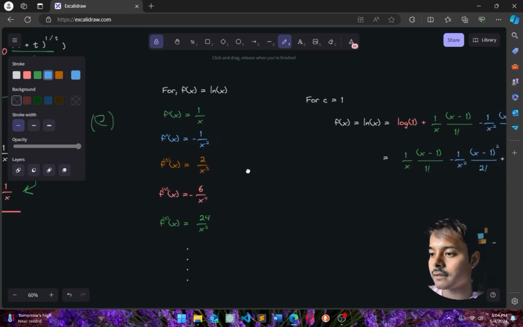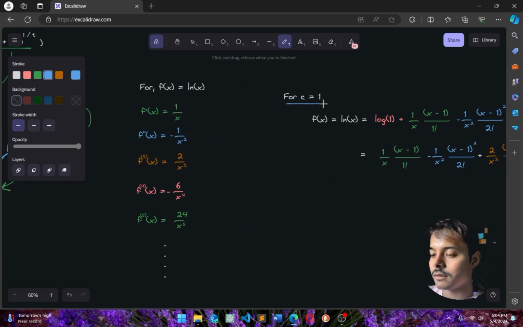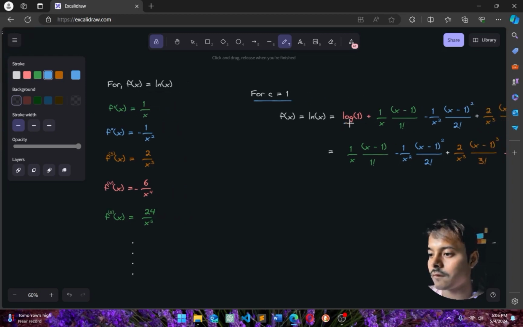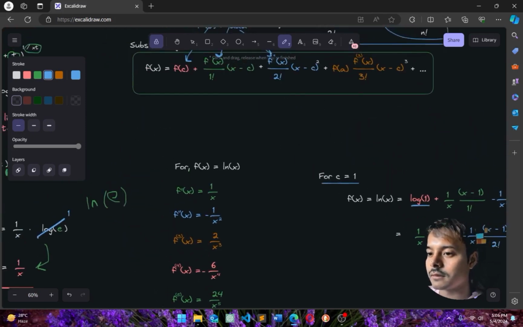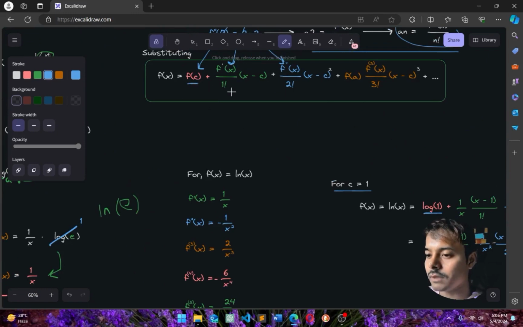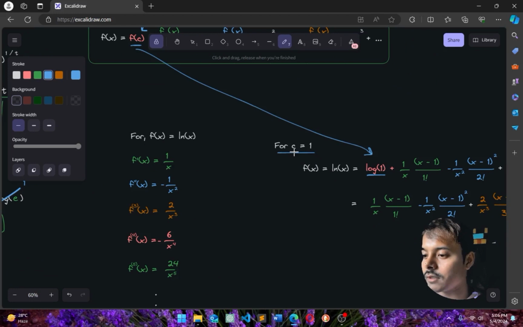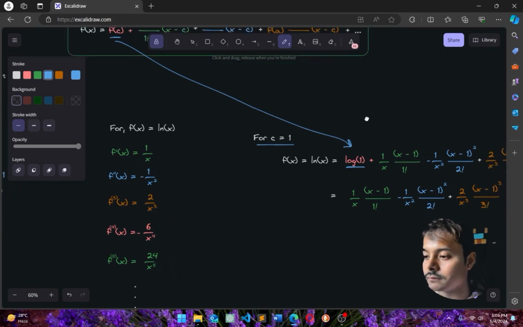Now further, the center c equals 1. Notice this c equals 1. I put c equals 1 because I need to get the value of log; I need to get rid of log 1. Because here is f(c), we need to put the value of log here. I need to get rid of this because I need to center it at 1, and because of centering at c equals 1, there are some limitations of this expansion that I'm going to talk about at the end of the video.